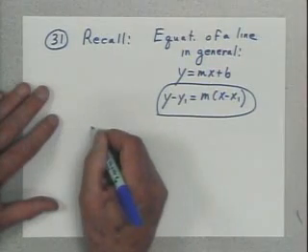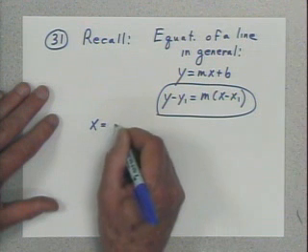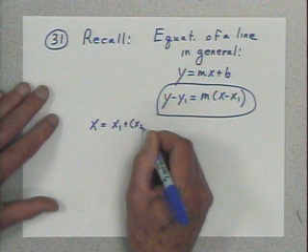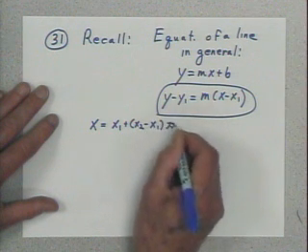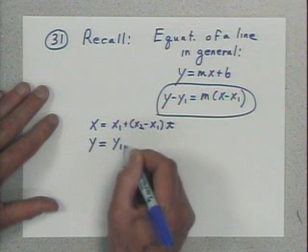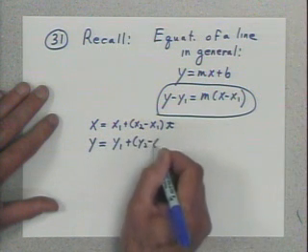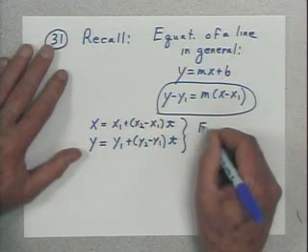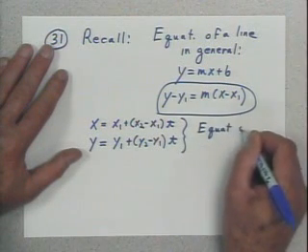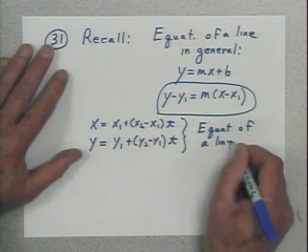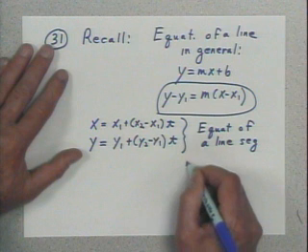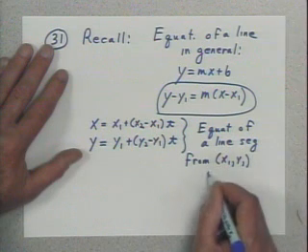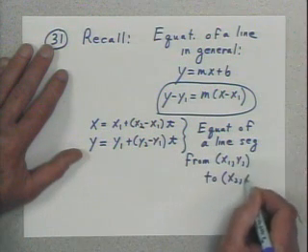Okay, this is the claim. They're saying if you do x equals x1 plus (x2 minus x1)t along with y equals y1 plus (y2 minus y1)t, they're saying this is an equation of a line segment from x1, y1 to x2, y2.